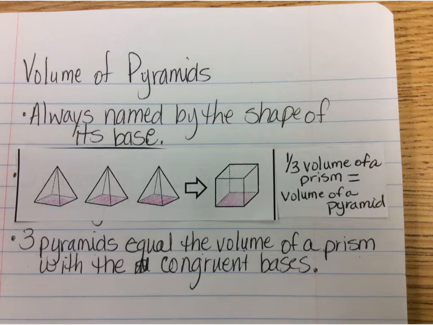And underneath that, 3 pyramids equal the volume of a prism with congruent bases, meaning this has a rectangular or square base, and these have rectangular and square bases. All right, so get that all put into your spiral, and then we will move on.